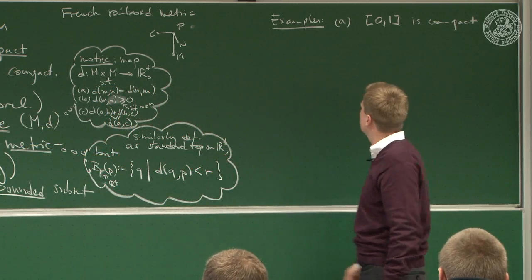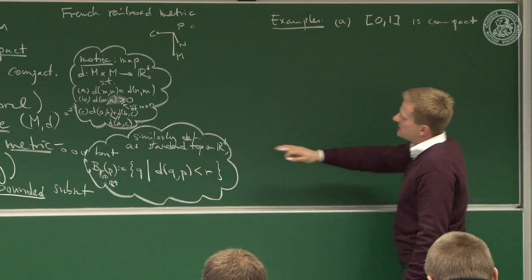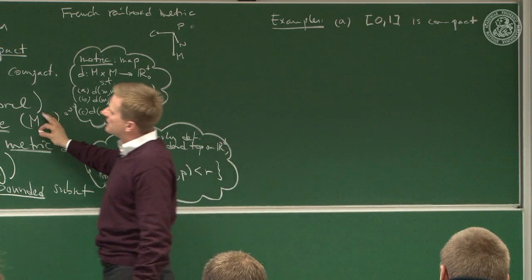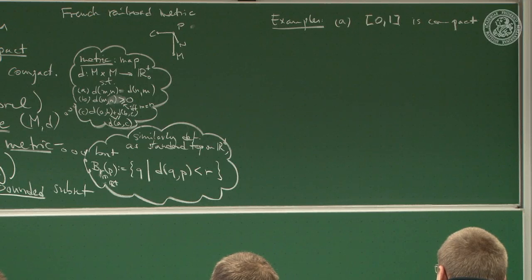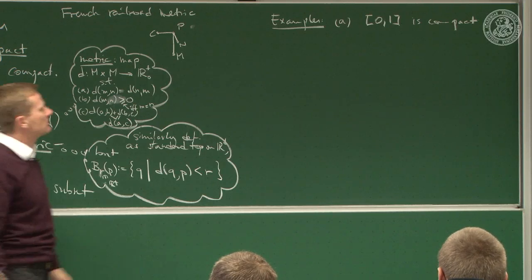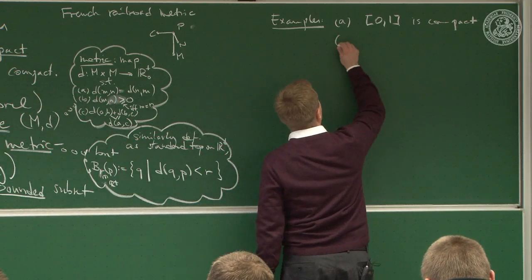That will give you a metric. It's compact in that sense, according to Heine-Borel, but it's also compact as a subset of the real numbers, with the topology on the interval being the induced one from the topology on the whole real line. Of course, it must be, because Heine-Borel holds. So that interval is compact.